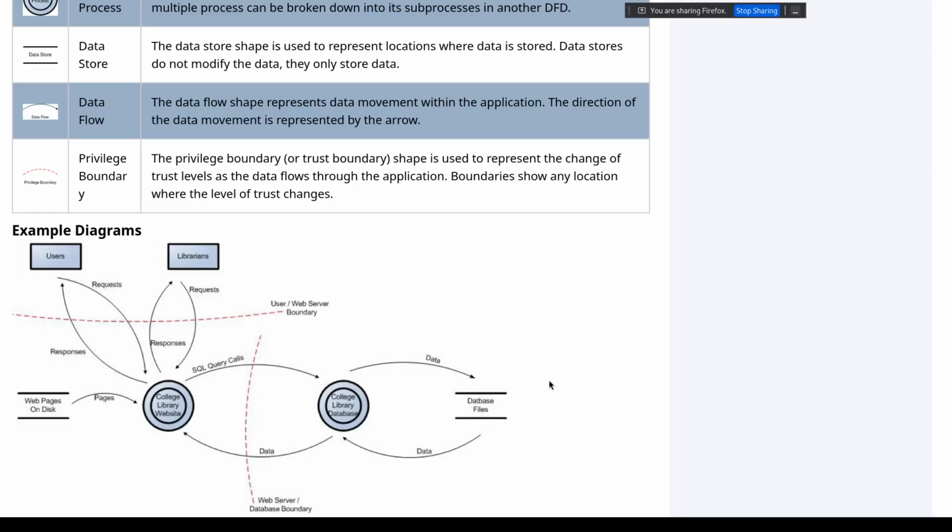Oh sorry, it's on its own disk. Not sure why they have added a separate data store for web pages. It sounds kind of different, but you can consider it a database where the application stores it. Sometimes there are some implied elements, so you don't need this kind of data store for web pages on a disk.